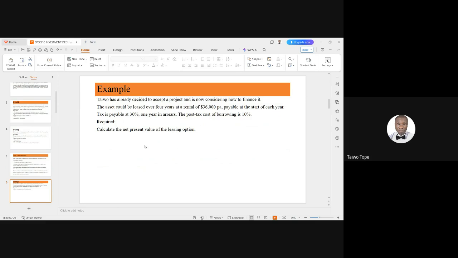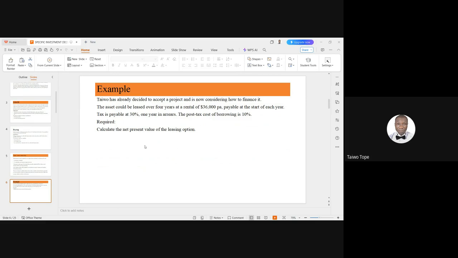The point is, you need to identify your cash flows. For the lease, for the lessee now, which is Taiwo's company, lease rentals outflow will be $36,000 each year, paid at the start of each year.